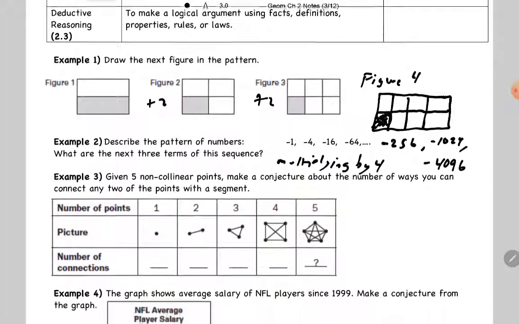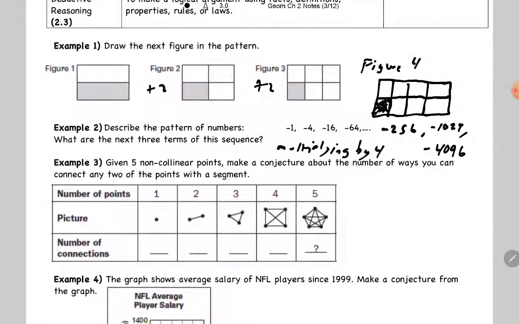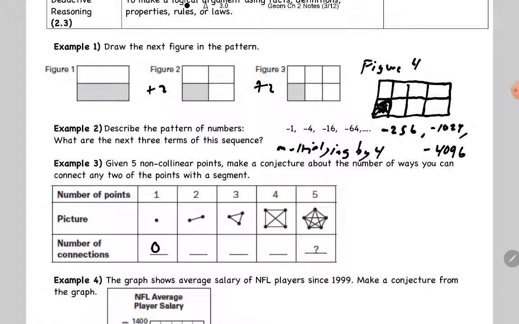Alright. Given 5 non-collinear points, make a conjecture about the number of ways you can connect any 2 of the points with a segment. So, if we have 1 point, we can make 0 connections. If we have 2 points, we can make 1 connection. 3 points, there are 3 ways, 3 connections.